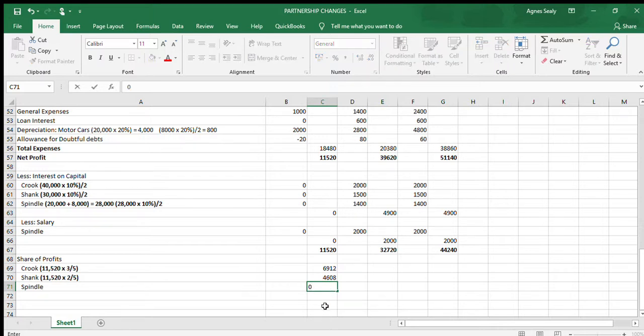Spindle will get 0 because he was not there between the 1st of April and the 30th of September.